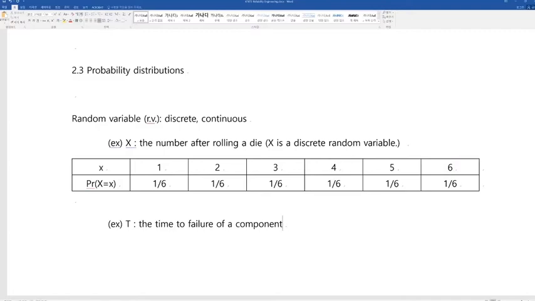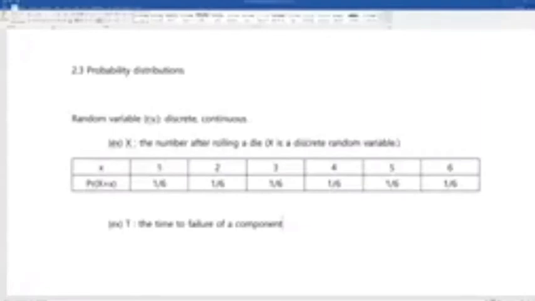Maybe in quite a short time, like after just 1 month. It may be 2 months, or any time between 1 month and 2 months, or you may use the cell phone without experiencing any failure for a long time, like the time to failure is maybe 5 or 6 years. So in this case, T is also a random variable, but it is going to be a continuous random variable.